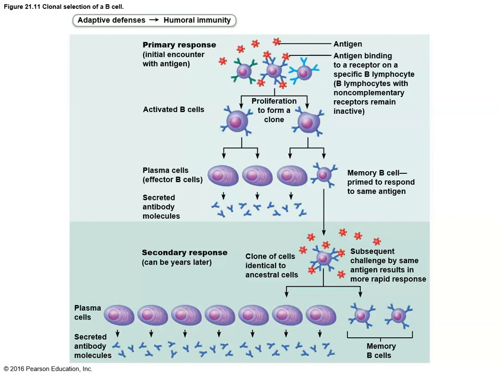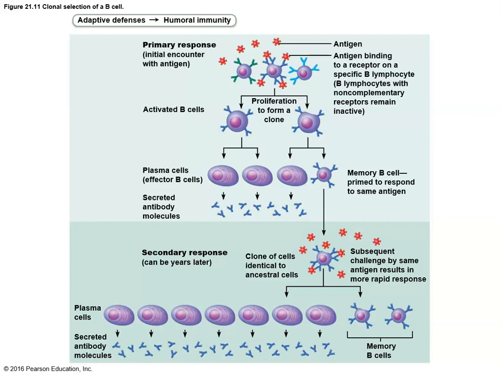So if we look at the B cell process here, I'm not going to go into great detail, but the primary response and a secondary response is what we want to get into here. So we see with the primary response, the antigen, this problem thing, is identified. A specific B cell deals with it, and then those particular B cells proliferate.